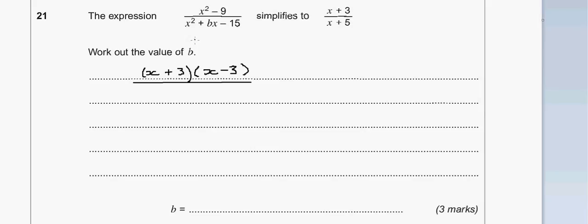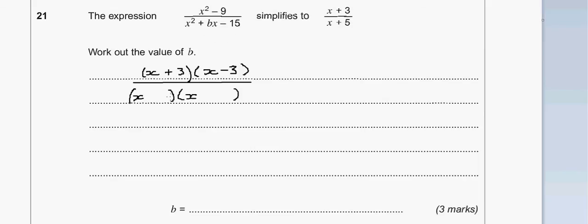Now this will factorise because it has to make sure that we can cancel. So I know that this is x and this is x. The only way that I can get 15, okay, is 1 and 15. Now 1 and 15 don't cancel with either of these brackets, or 3 and 5.